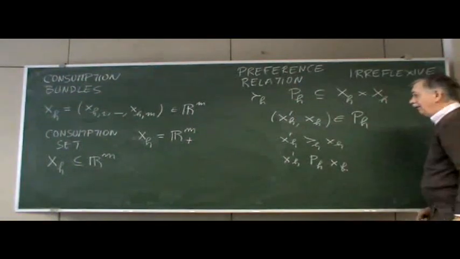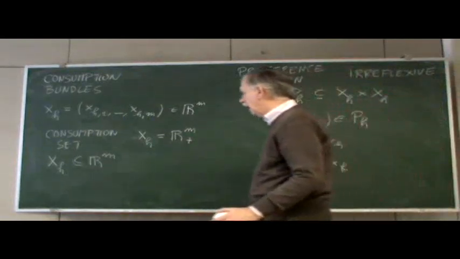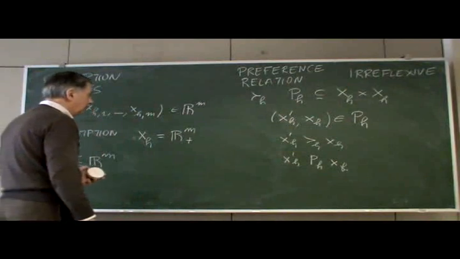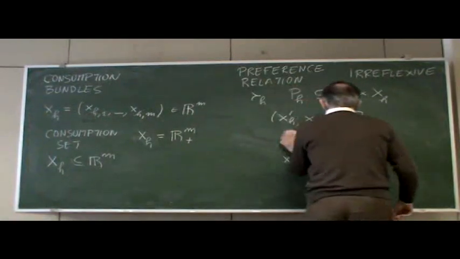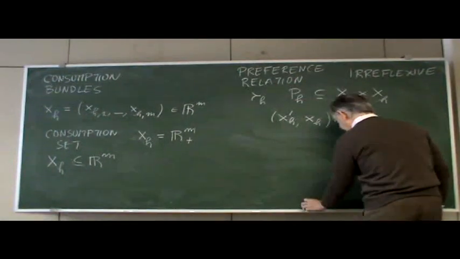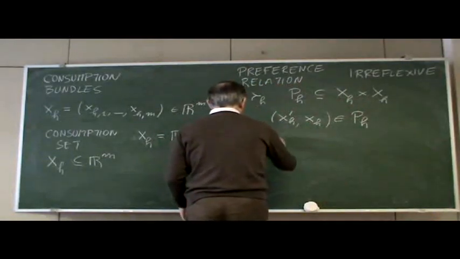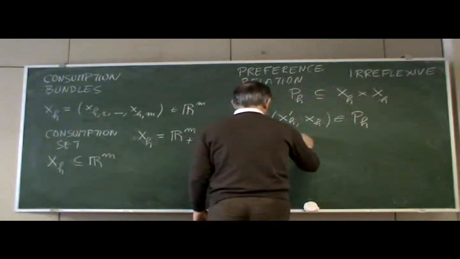Finally, our household is characterized by its initial endowment of goods, which is nothing but a particular consumption vector, so to speak.